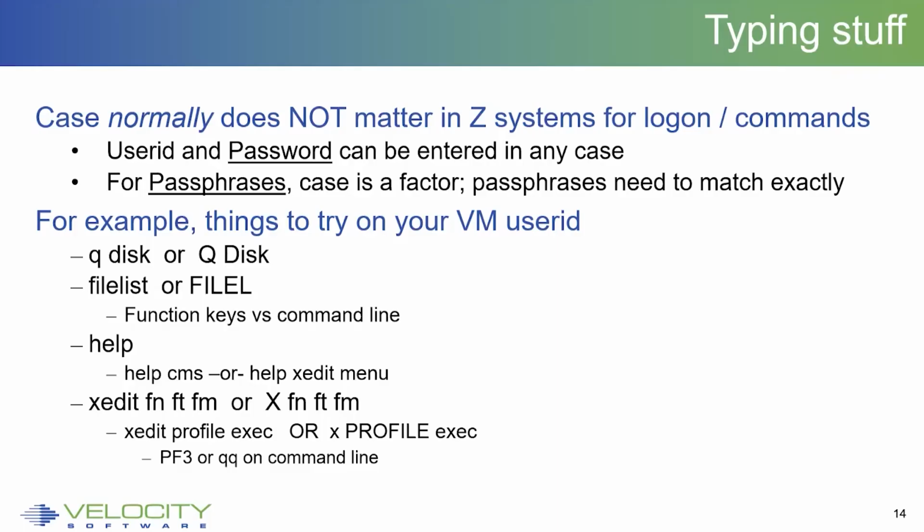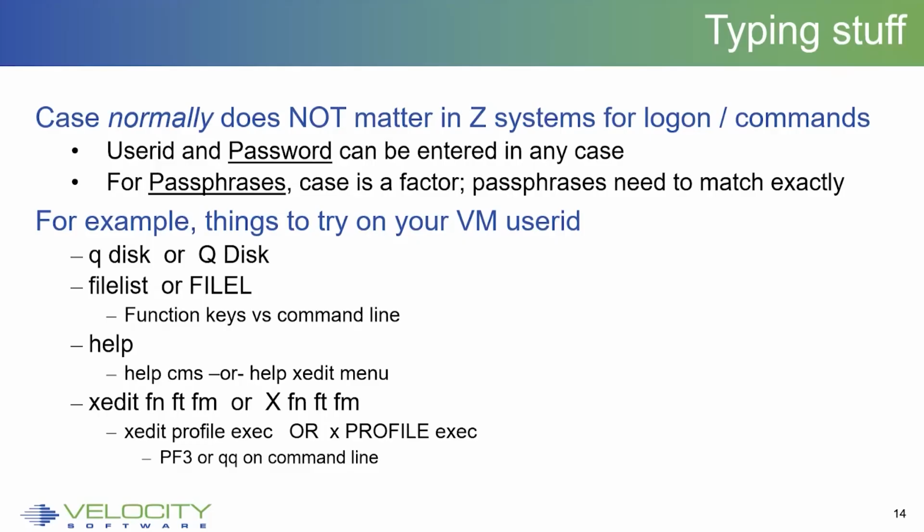Now, case normally does not matter in z systems when you log on, and for commands. So your user ID and password, the usual 8-character password for z/VM systems, can be entered in any case. It doesn't matter.